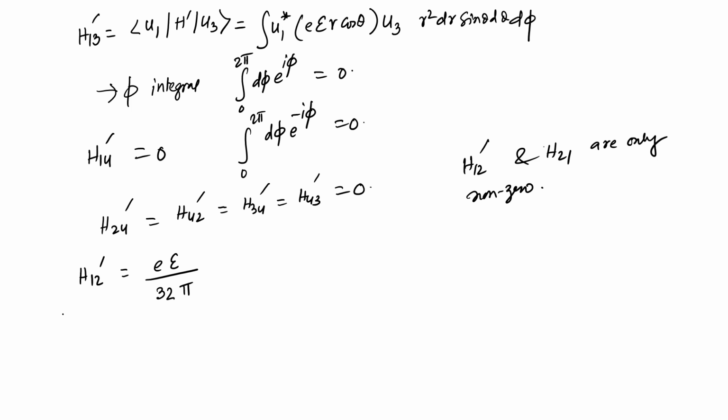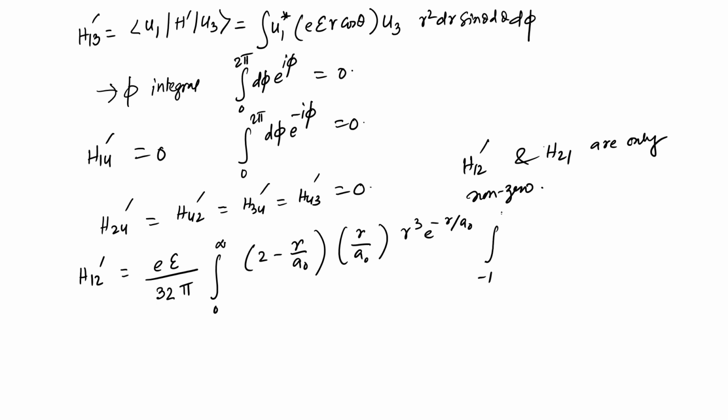So, we are taking the overlap of this perturbation term between U1 and U2. So, 32 pi, and then you have the integral from 0 to infinity of (2 minus r by a 0) and r by a 0, and then r cube exponential minus r over a 0, and then the integral from minus 1 to 1 of cosine square.